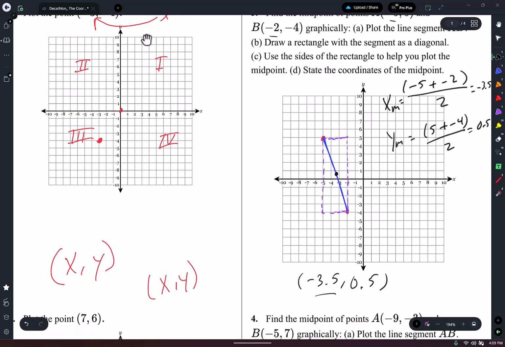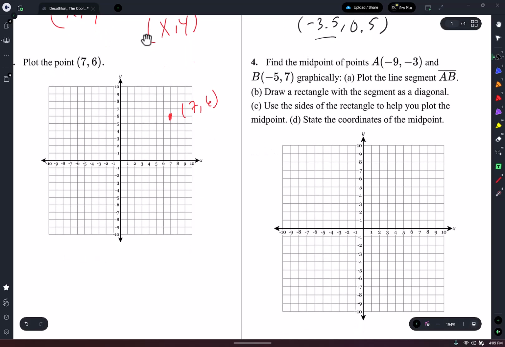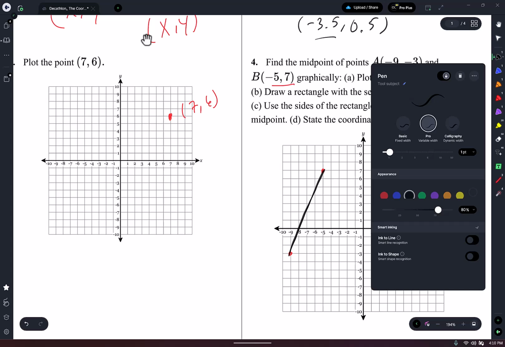So I'm not a big fan of just winging it, but I guess. The next one: go to (-9, -3), point. And then it says go to (-5, 7). Point. And then connect those two. All right, let's see.